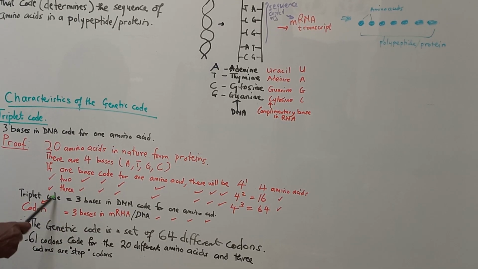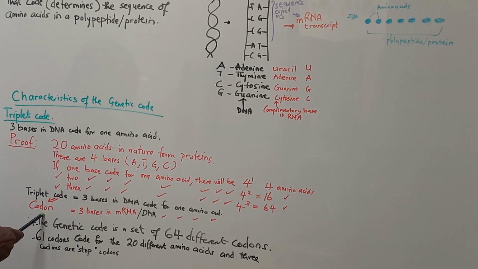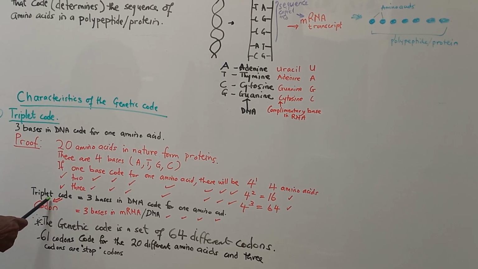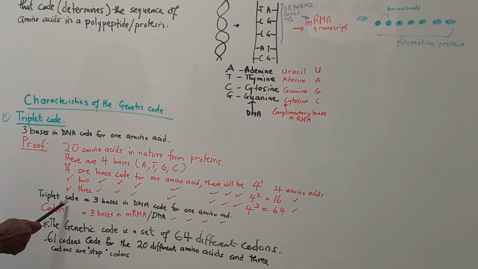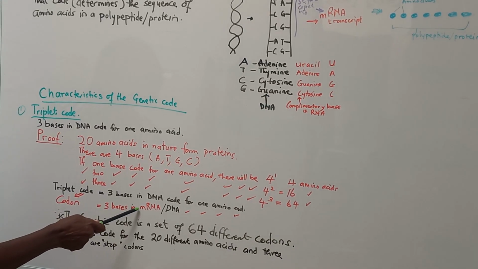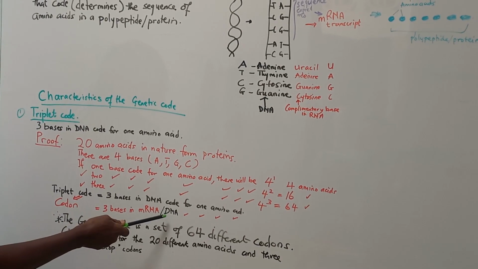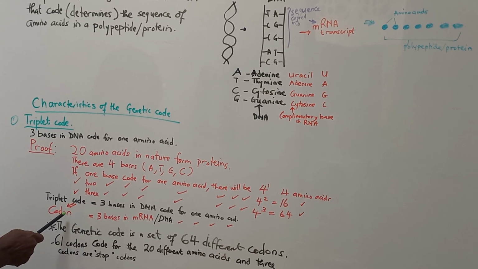This triplet code is also called a codon. So when you meet a codon, it means triplet bases. So 3 bases in messenger RNA or DNA is a codon.